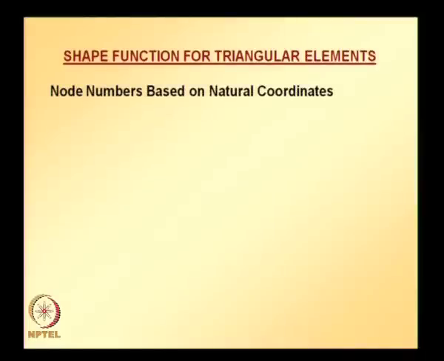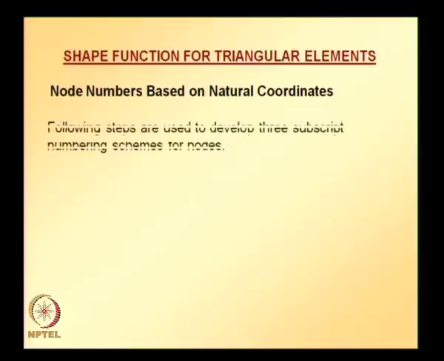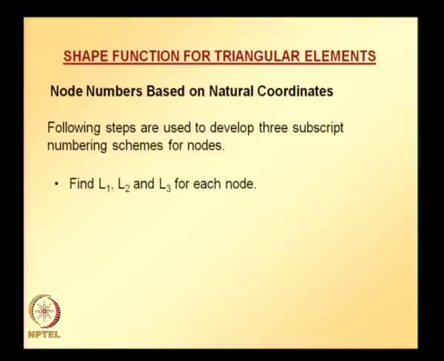This is how the procedure goes: node numbers based on natural coordinates. The following steps are used to develop the three subscript numbering scheme for nodes. We look at some steps, then make them clear by looking at some examples, and then come back to the formula. So, that is how we will proceed.